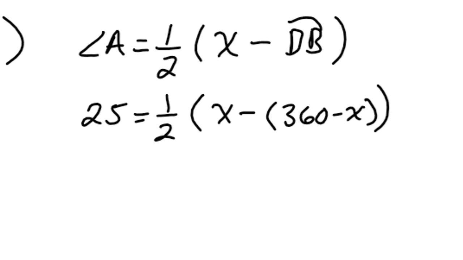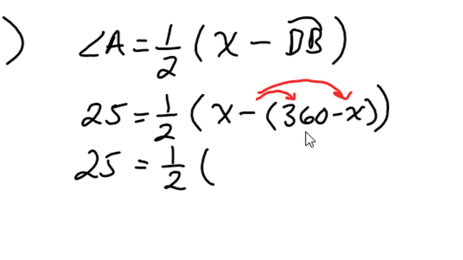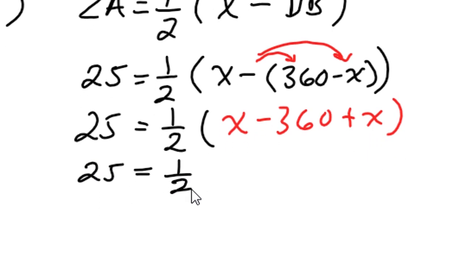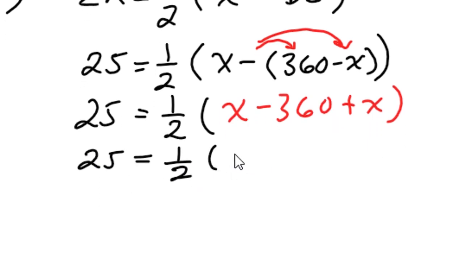So let's go ahead and first simplify what we have inside the parentheses. So we have 25 equals 1/2 (X minus (360 minus X)). Remember that you have to distribute this negative. So that means that we will end up with X minus 360 plus X. So 25 is equal to 1/2 (X plus X), so 2X minus 360.